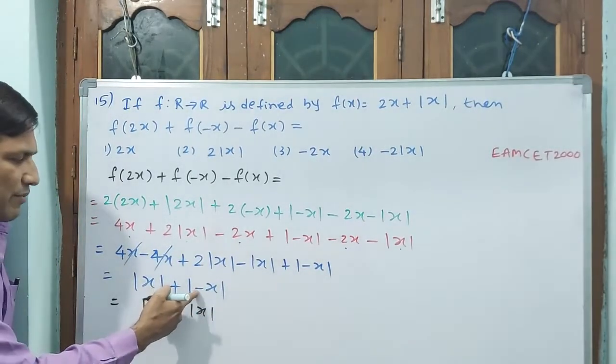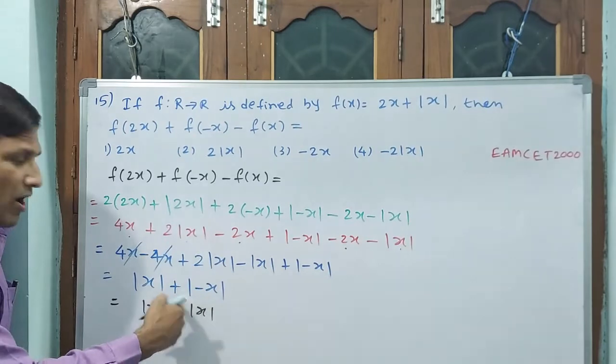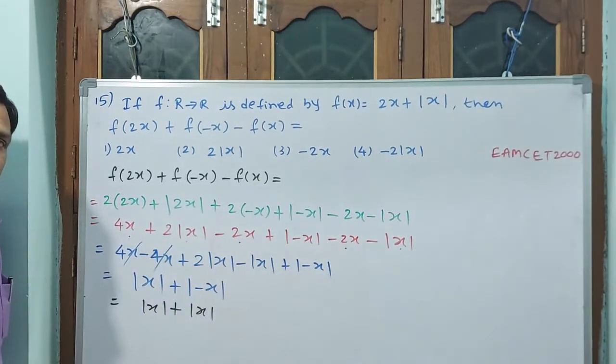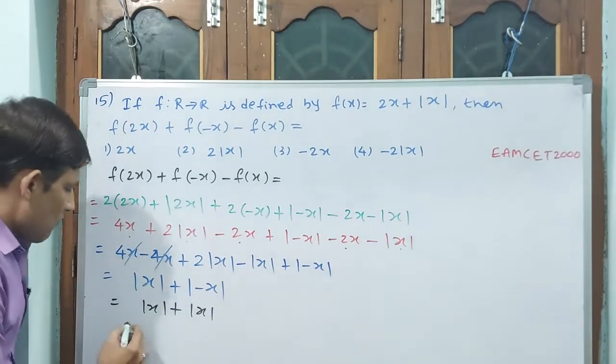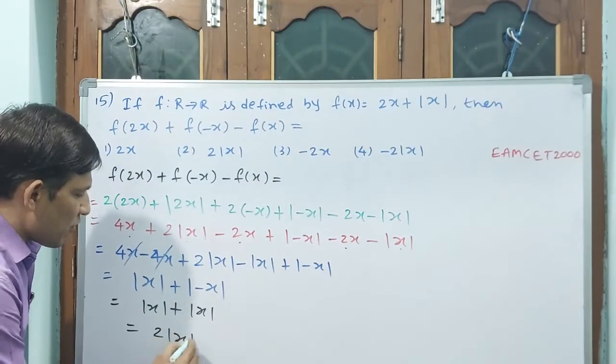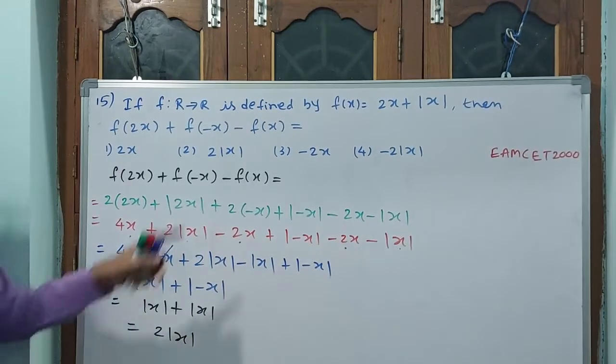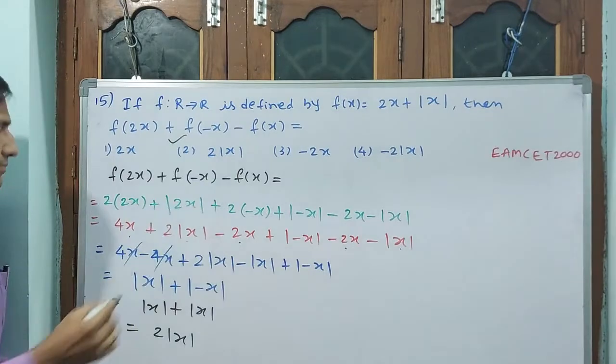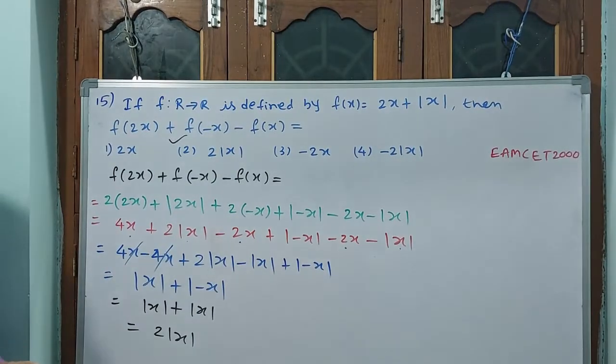Finally, 2 times modulus x. Is it okay? Definitely okay. That means the answer is 2 modulus x. Take this, we will go for the next question.